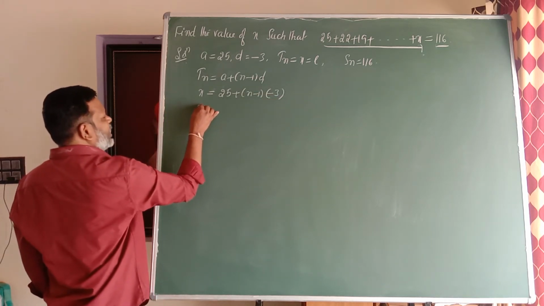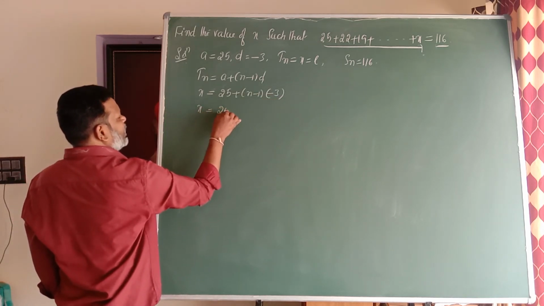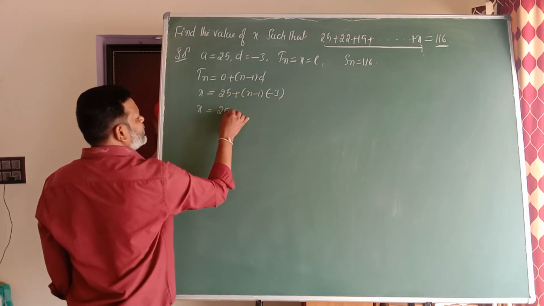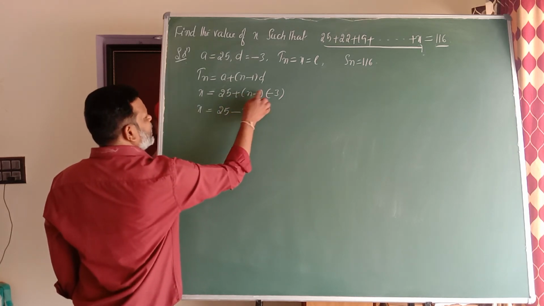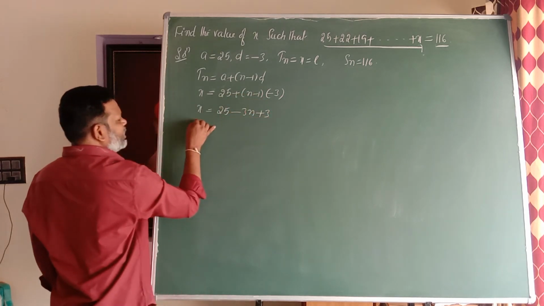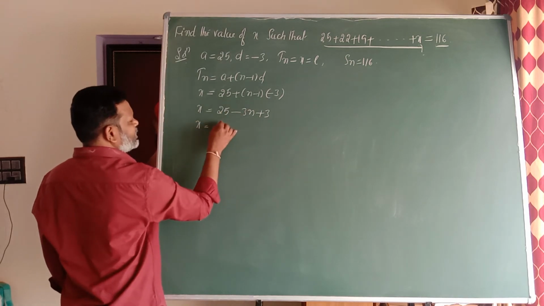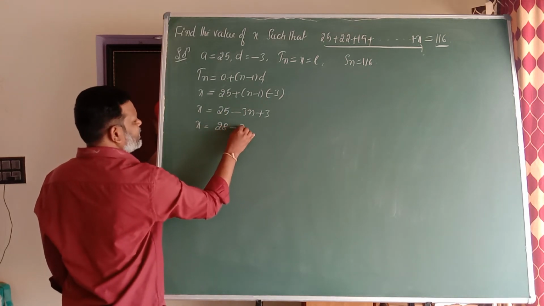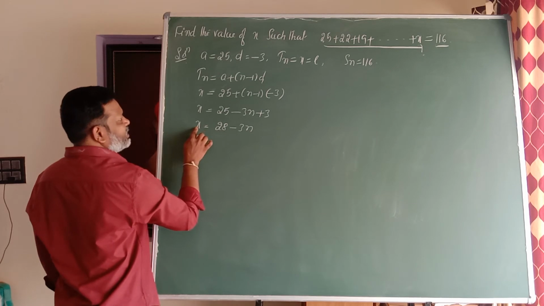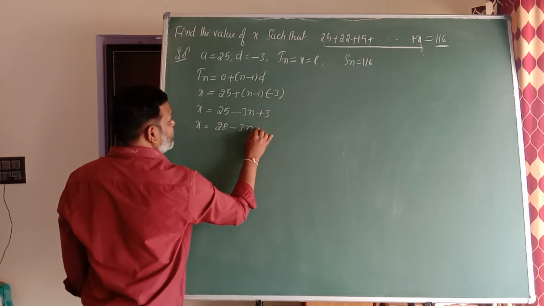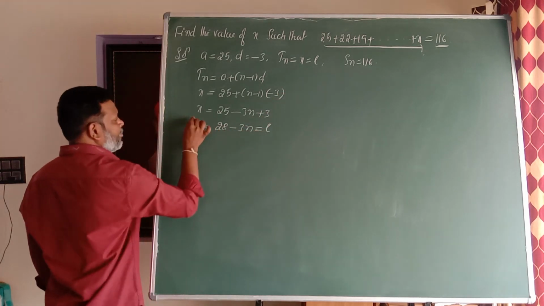Now let us simplify. x is equal to 25 plus n into minus 3, minus 3n, minus into minus plus 3. Therefore, x is equal to 25 plus 3 is 28 minus 3n. This is x, and x is nothing but the last term itself. Got my point?